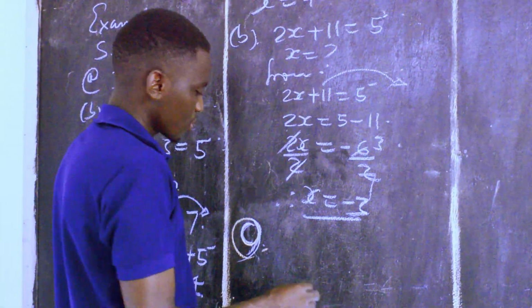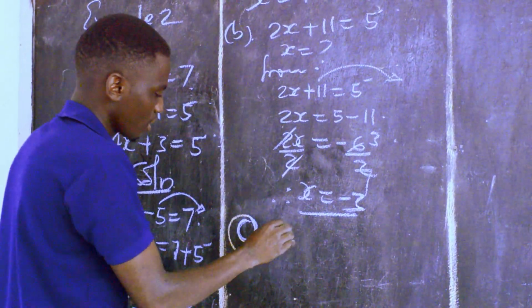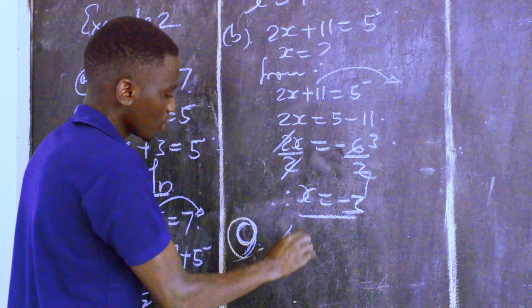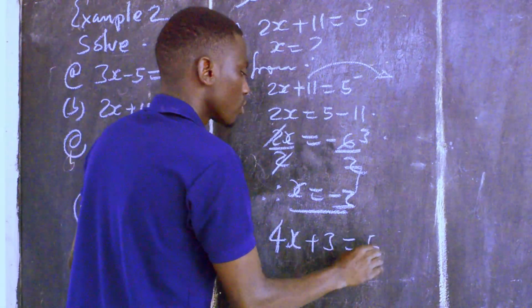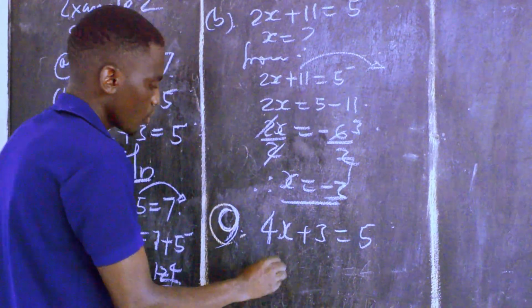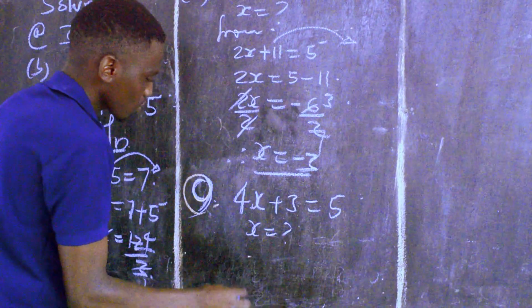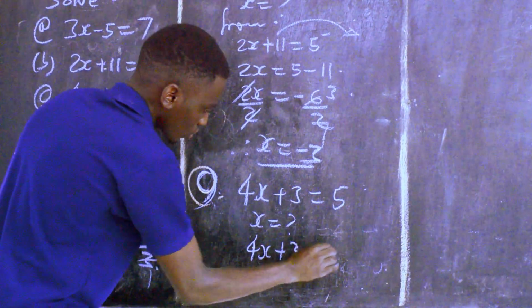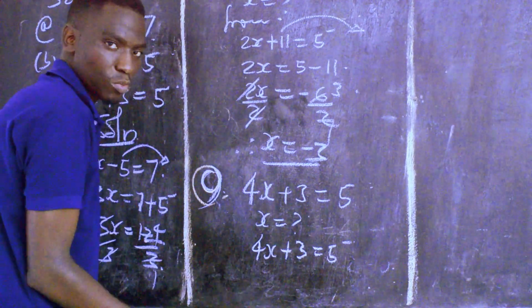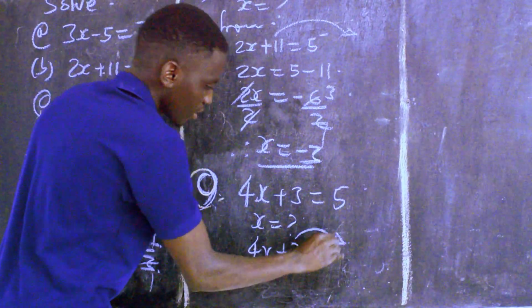Yeah, now C, you are given 4x plus 3 is equal to 5. Here we are finding the value of x. So you have 4x plus 3 is equal to 5. This 3 here is positive, so once it comes on this side, it becomes negative.